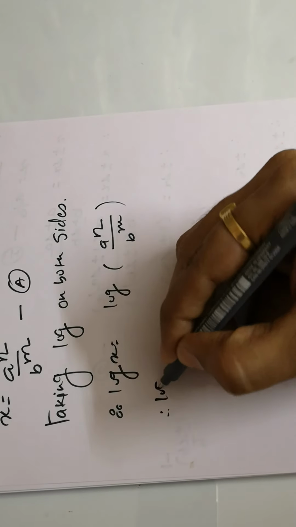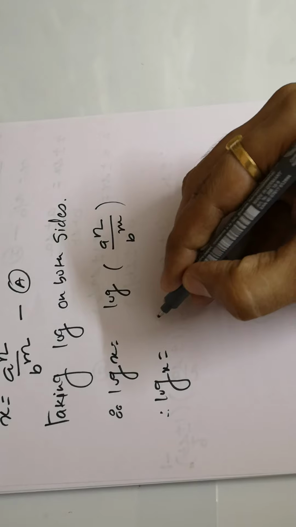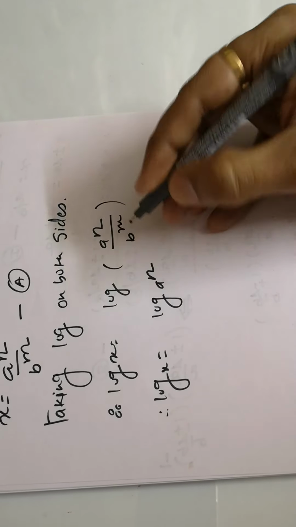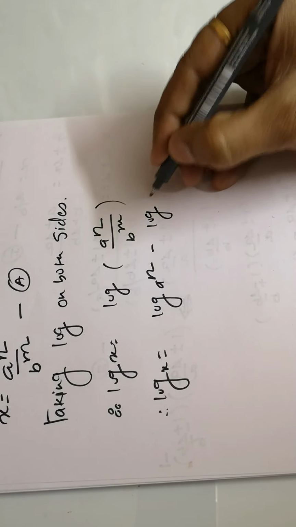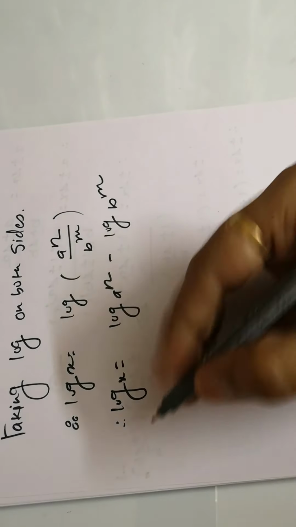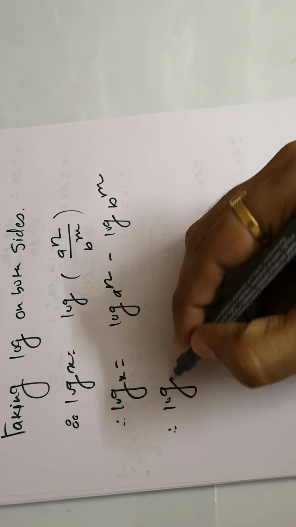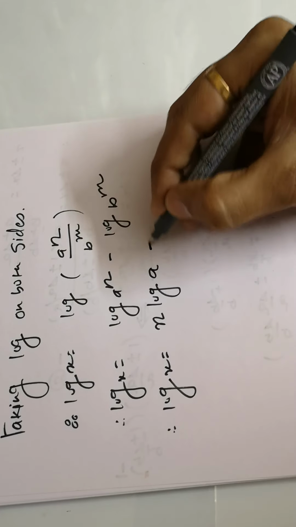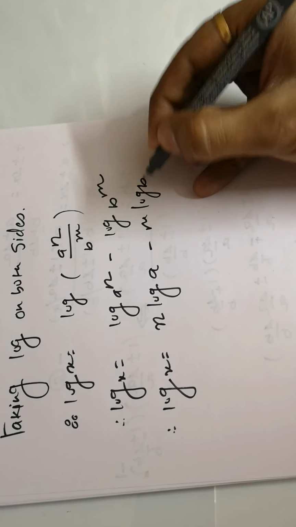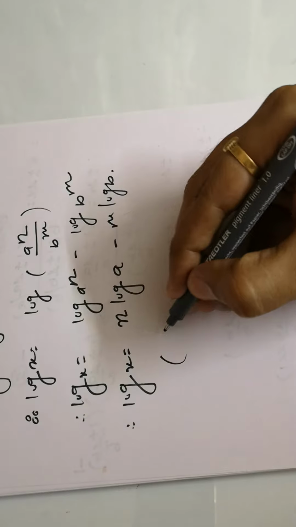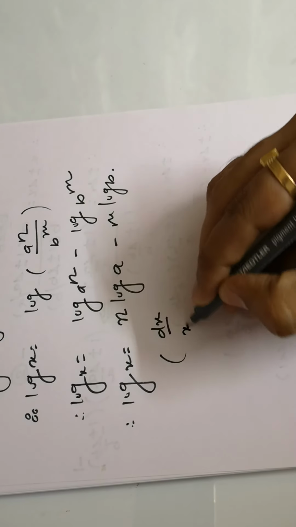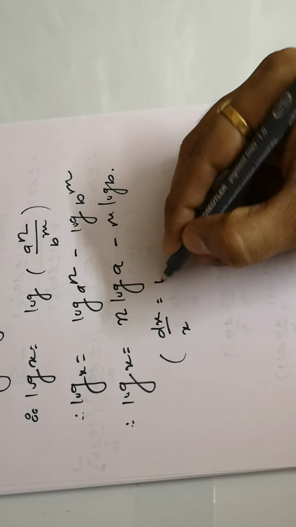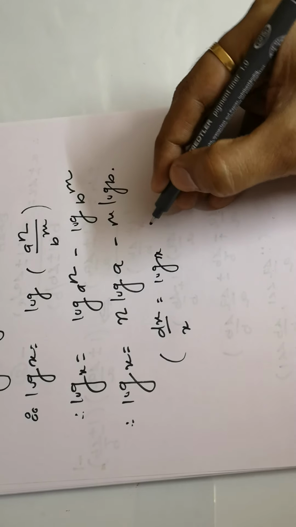So I may have log of x is equal to log of a to the power n minus log of b to the power m. But as per our notation, log of x is called n log a minus m log b. But in future you will be aware that it is called a log notation. dx by x is called a log x.